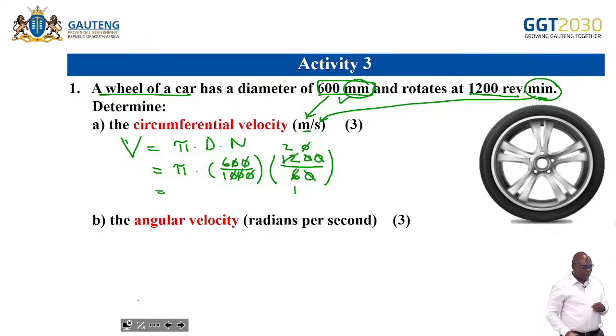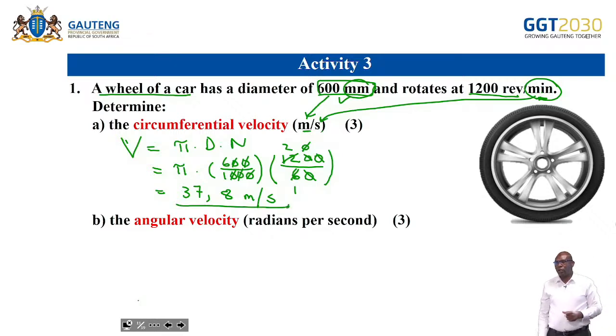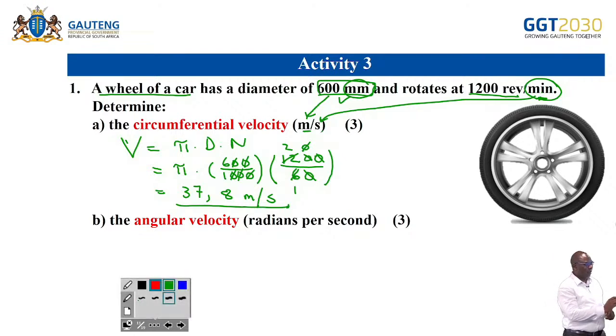Then I can just quickly use my calculator: pi multiplied by 6 multiplied by 2, and that gives me 37.8 meters per second. Don't forget your units. It's also 3 marks there, but I think I can give you more marks on this one, because you have done your formula, and that's correct.